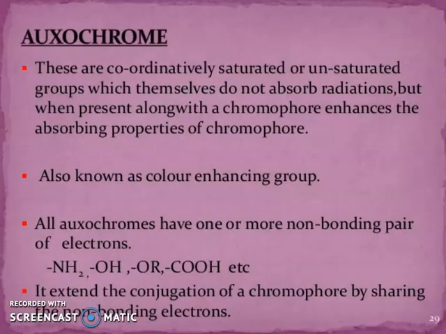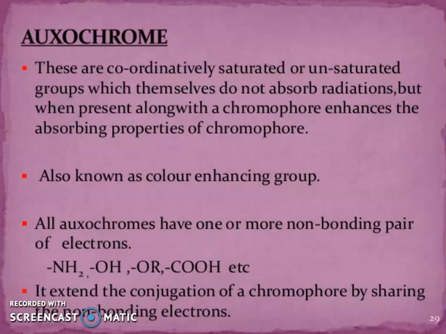So, auxochrome. These are coordinatively saturated or unsaturated groups which themselves do not absorb radiation, but when present along with a chromophore enhance the absorbing properties of the chromophore, also known as color enhancing groups. All auxochromes have one or more non-bonding pair of electrons: NH2, OH, OR, COOH.